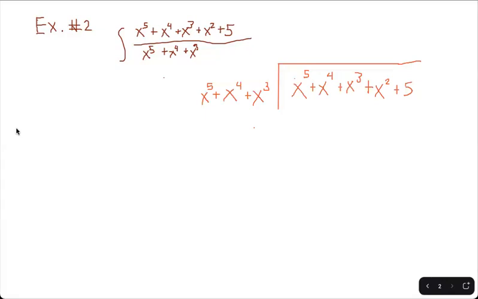Sometimes one can get confused. Personally, I like to treat this as if we have 10 over 5. And 10 over 5 is equal to 2 because we divide it.